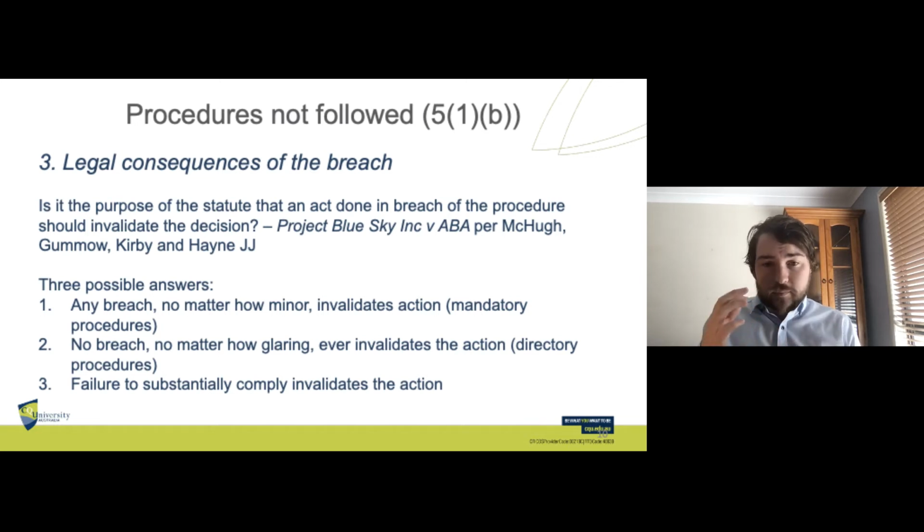And that was answered conclusively in Project Blue Sky, where the court said that what you have to do is look at the purpose of the statute, and is it the purpose of the statute that an act done in breach of procedure should invalidate the decision or not?